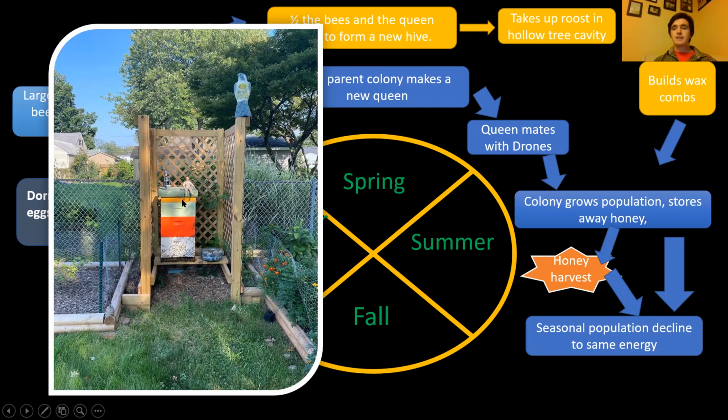We're feeding them a little sugar water to make them think there's a little bit of nectar coming in, so that we don't have this seasonal population decline to save energy, because they don't need to save energy when we're giving them the energy through sugar syrup. It's not enough to really have them make honey. It's just enough to keep their population up, kind of like the dandelion I mentioned before.